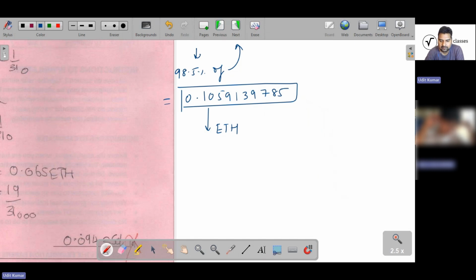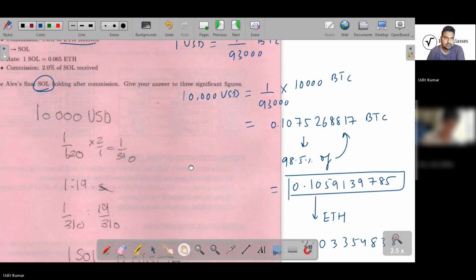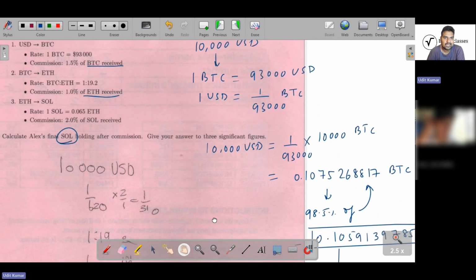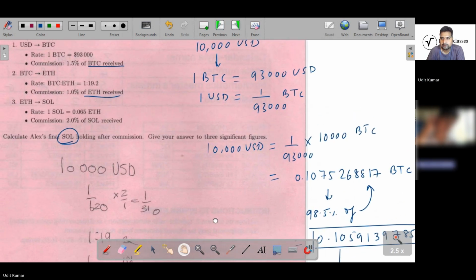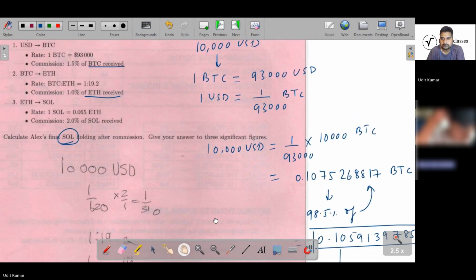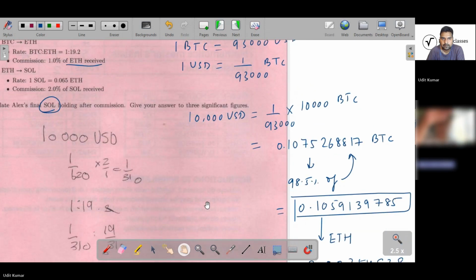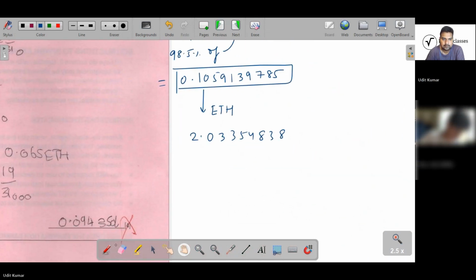You will get 2.03354838. What did you multiply it by? 19.2. Okay. All right.